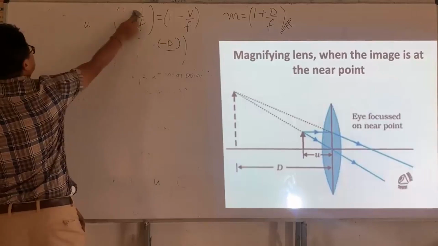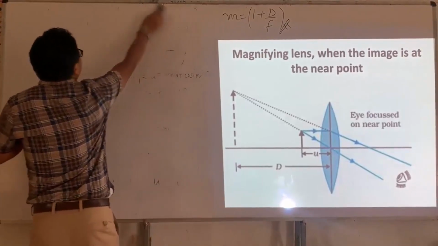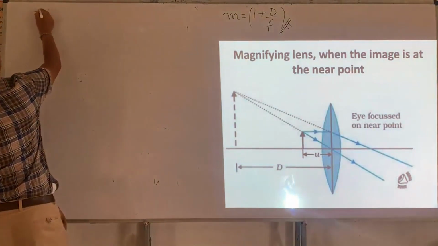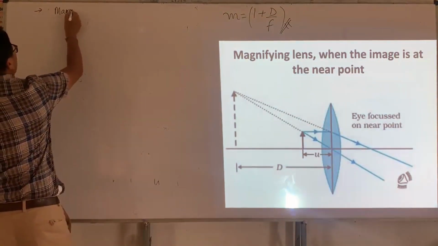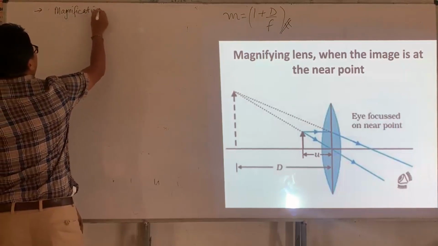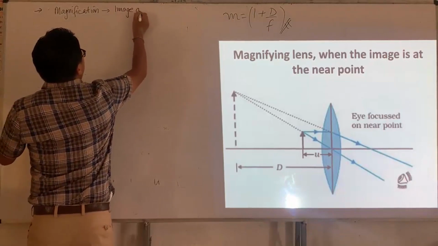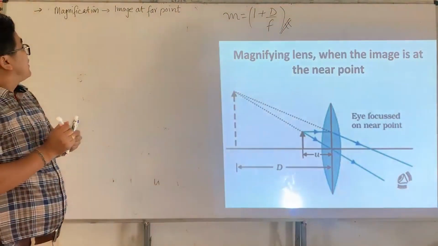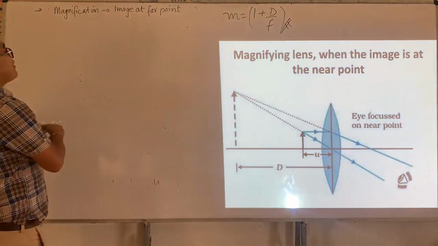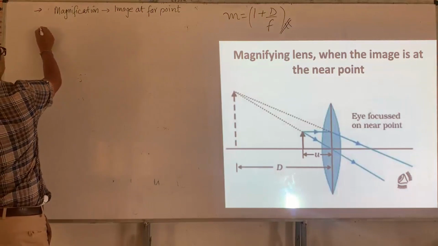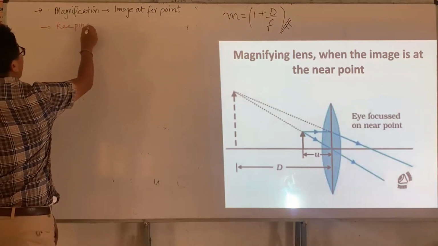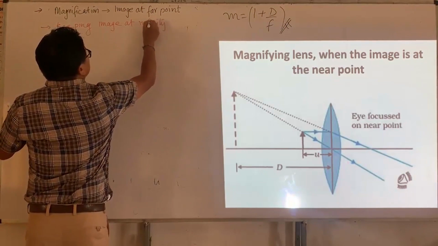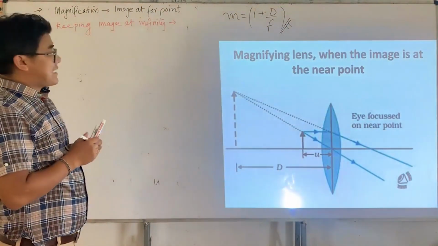So that means I'm going to keep the image at infinity by putting the object at the focal point.